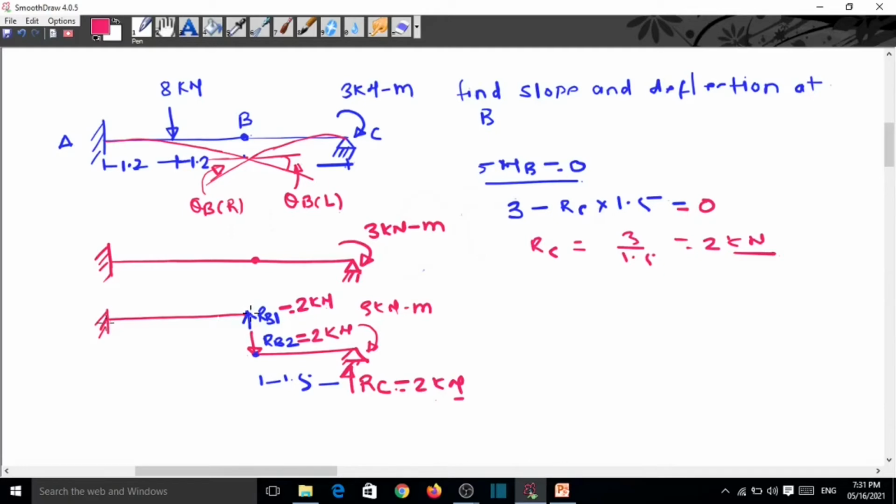Now we can find this fixed moment. So we take sigma MA equal to zero. Suppose we assume this direction is clockwise. If the answer is positive, our assumption is correct. This is MA.